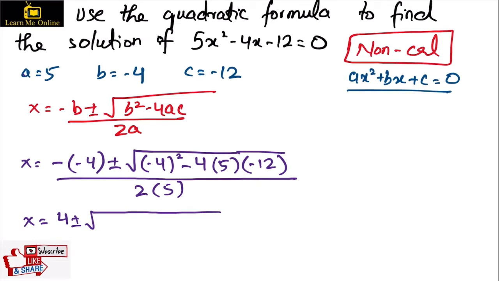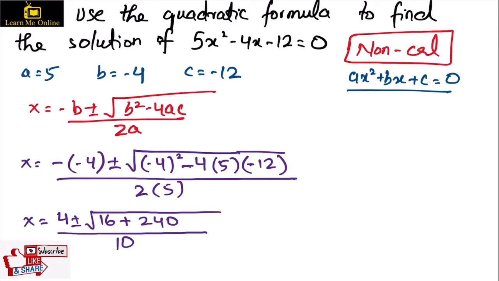Minus 4 squared means minus 4 times minus 4, which is positive 16. Because we are multiplying these three numbers together, with two negatives, we get a positive. Then 4 times 5 times 12 gives us 240. The denominator is 2 times 5, which is 10.